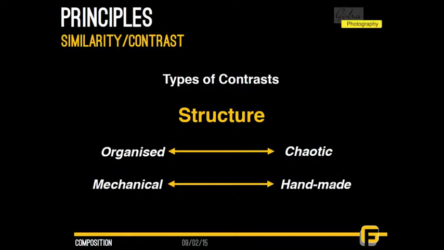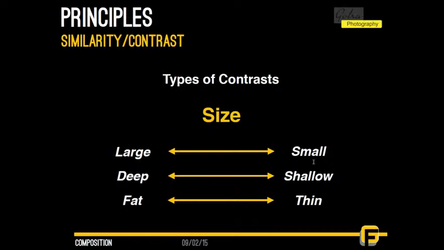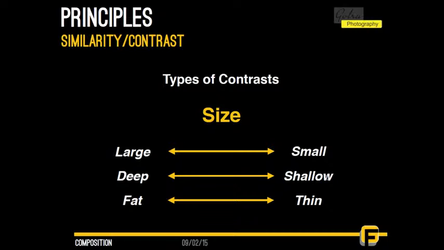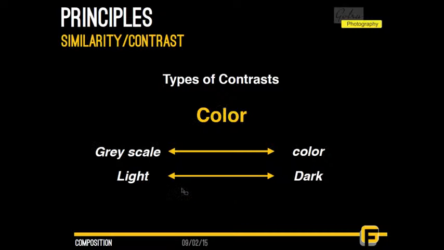You can add something handmade and something machine made. Size: one can be small, the other large. You can add shallow or deep, thin or fat. In color, you can add color or black and white, dark or light. For example, if you have a black and white image, meaning a grayscale image, you can add one.